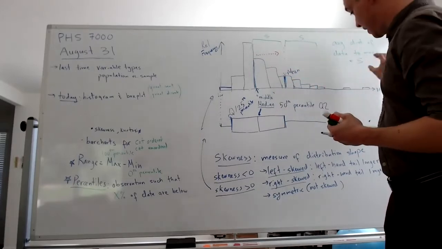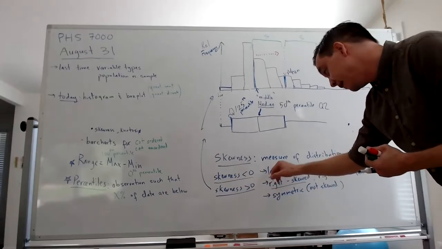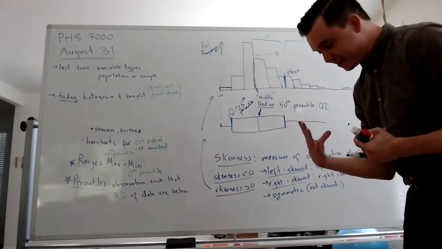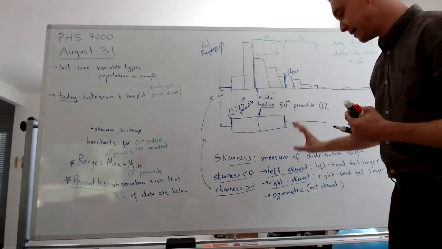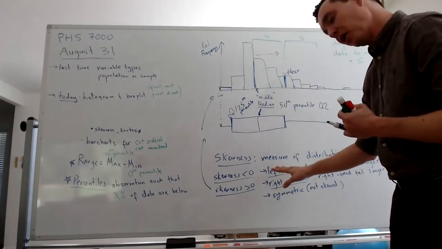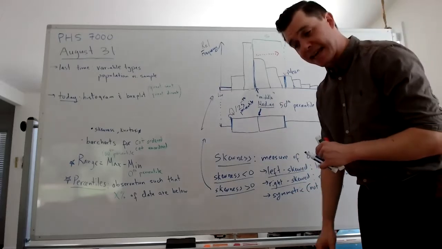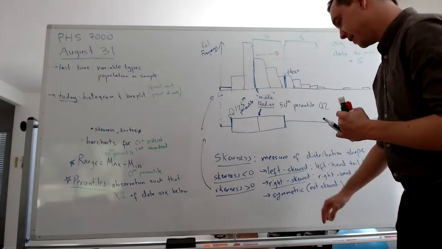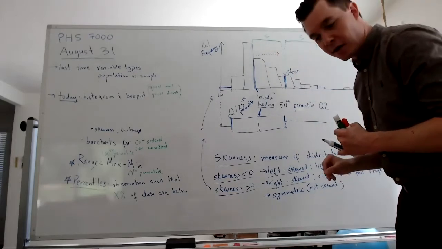The reason I started with this is because out of these three options, left skewed, right skewed, or symmetric, at least in medical statistics, in my experience, there's a lot of things that are either symmetric or right skewed. I have not personally seen a lot of variables that are left skewed. Again, let me know if that's not the case. I would love to hear an example of where there's an important left skewed variable out there. But most of the time, that right-hand tail is longer than the left-hand tail.